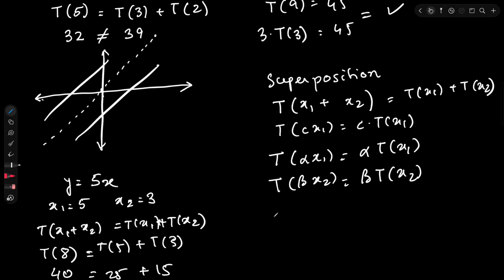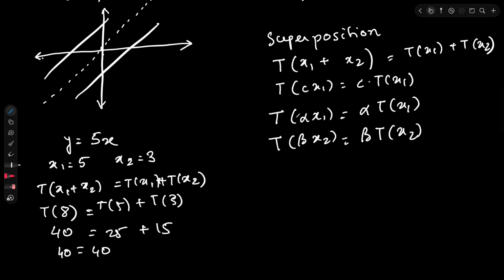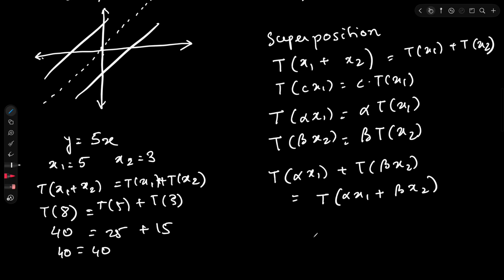Now if we combine them together, T of (alpha x1) plus T of (beta x2) equals T of (alpha x1 plus beta x2) according to the additive principle, and this equals alpha into T of x1 plus beta into T of x2.